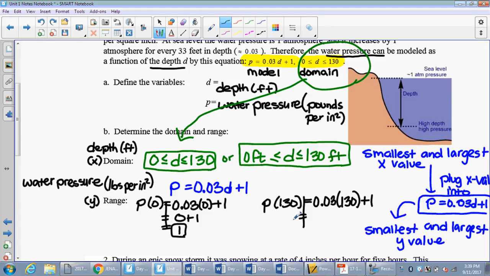If your calculator is not out yet, press pause, go get it, and do 0.03 times 130 with me, please. So we do 0.03 times 130, and we get 3.9 plus 1, which is 4.9.